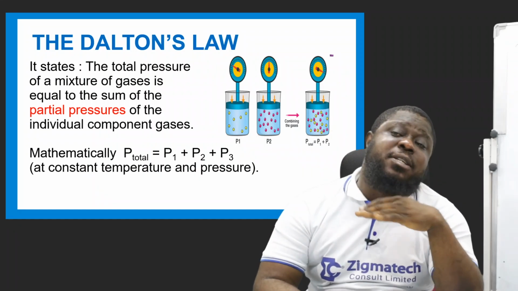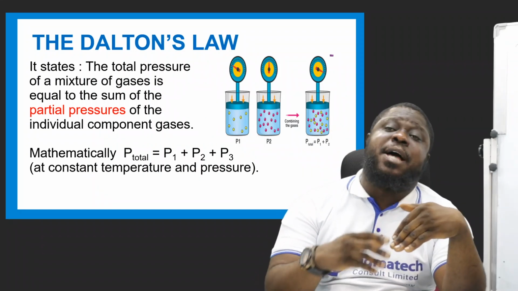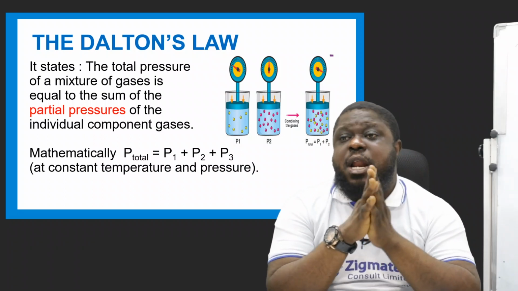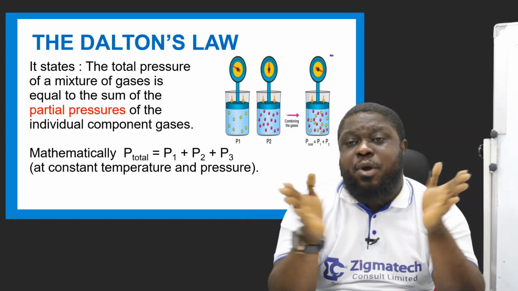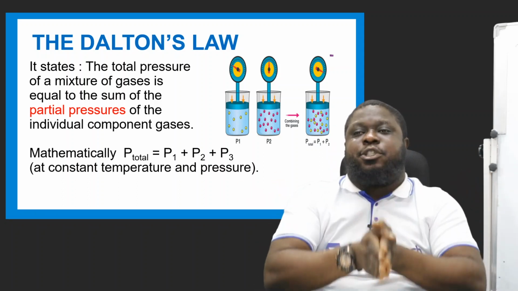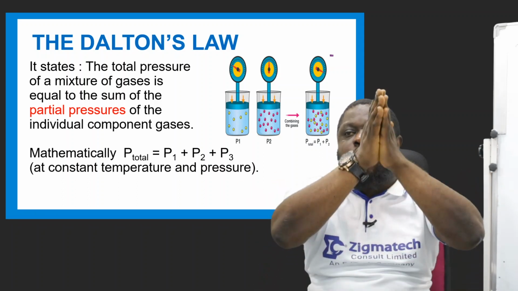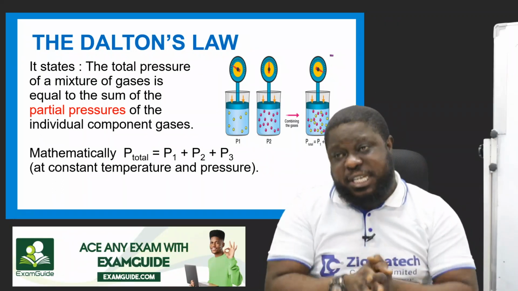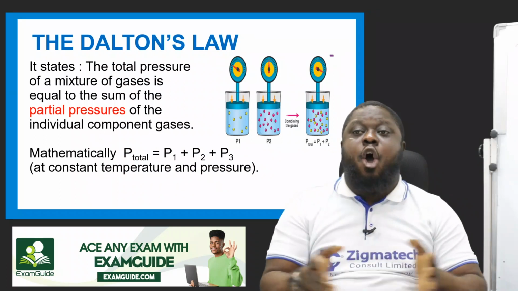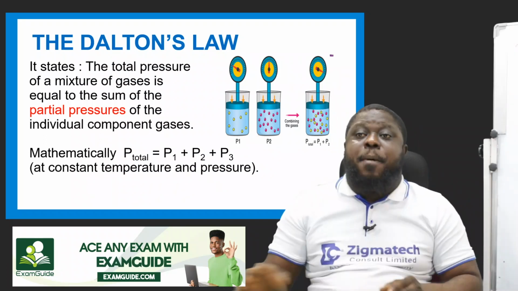When the pressure is kept constant, you calculate the pressure exerted on hydrogen, the pressure exerted on sulfur, and the pressure exerted on oxygen. Bring them together, it will give you the total pressure exerted on the whole gases combined together.